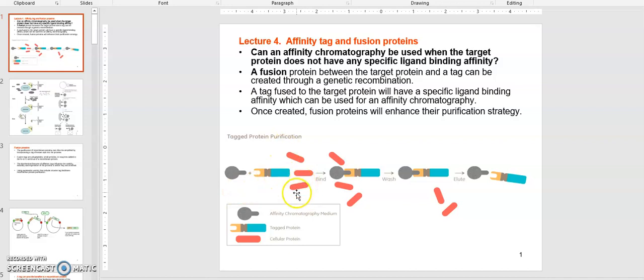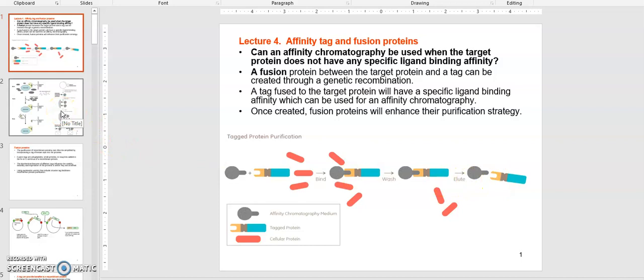The unwanted proteins, in this case the red proteins, will be washed away, removed from your target protein. Only your target protein can be purified and recovered, right? That's what we're talking about.